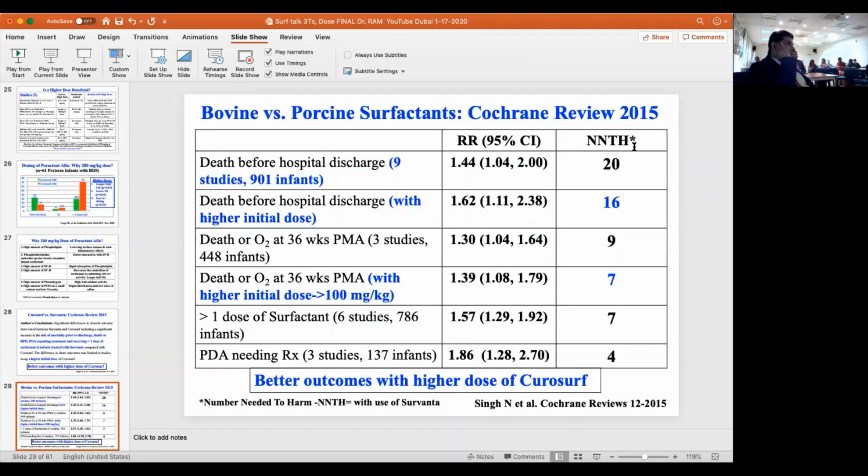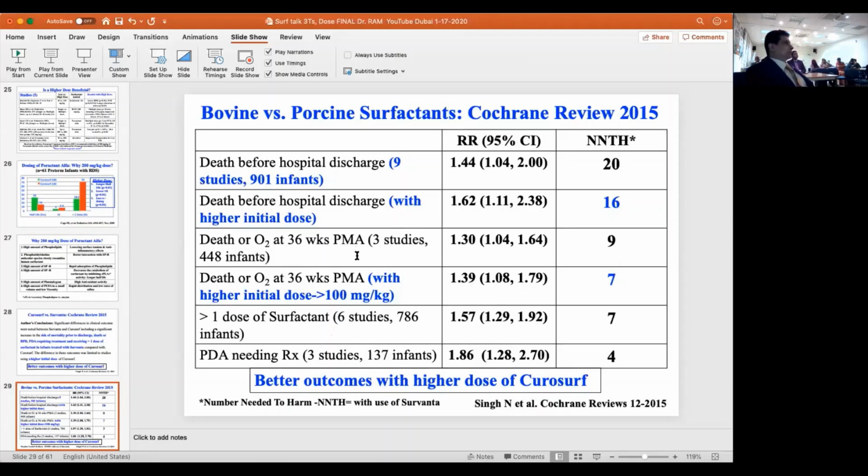Here is again number needed to harm, like number needed to benefit. You can also put number needed to harm. Death before hospital discharge, 9 studies, about 900 babies, 20 babies. For every 20 babies, you have one less death when you treat the baby with Curosurf compared to that. If you use a higher dose, that's better, 16 babies.